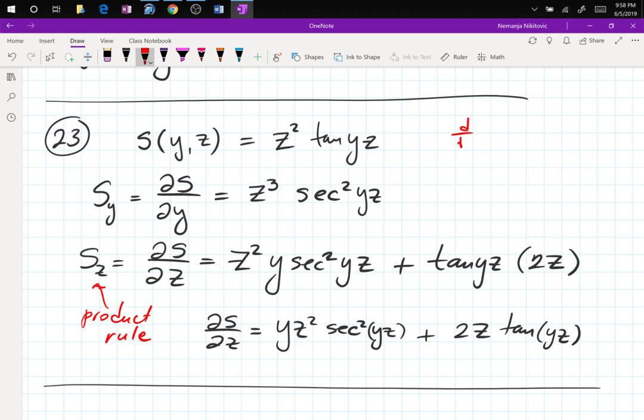The derivative of sine ax is a cosine ax. So the argument stays unchanged, and whatever is the constant gets kicked outside. So when I'm taking the derivative with respect to y, z is the constant, and that's why z is kicked outside. Z squared times z cubed.